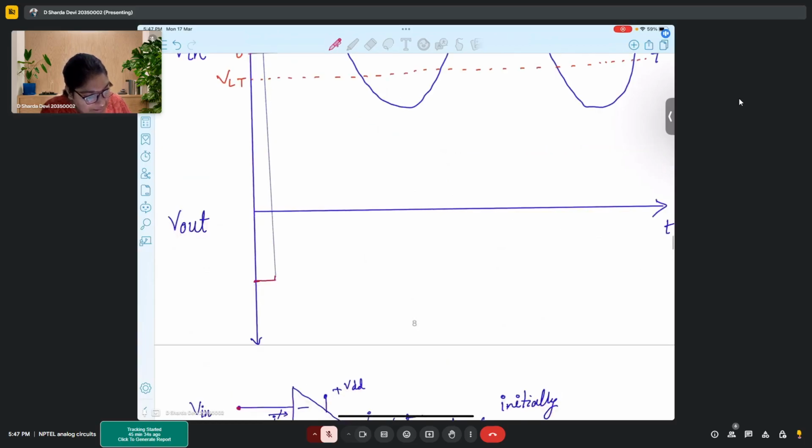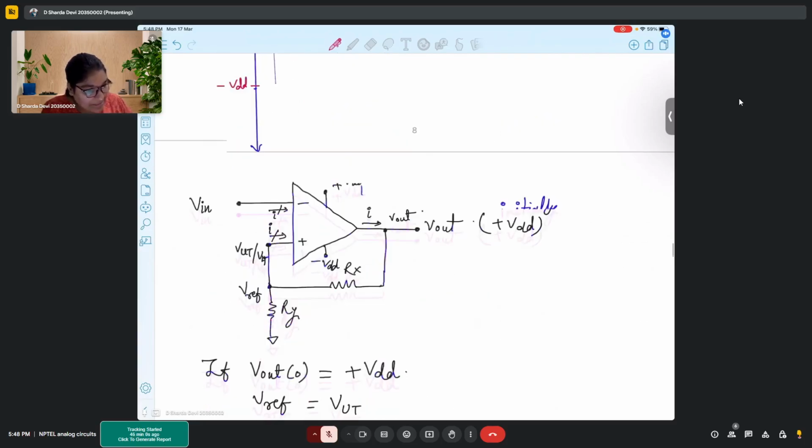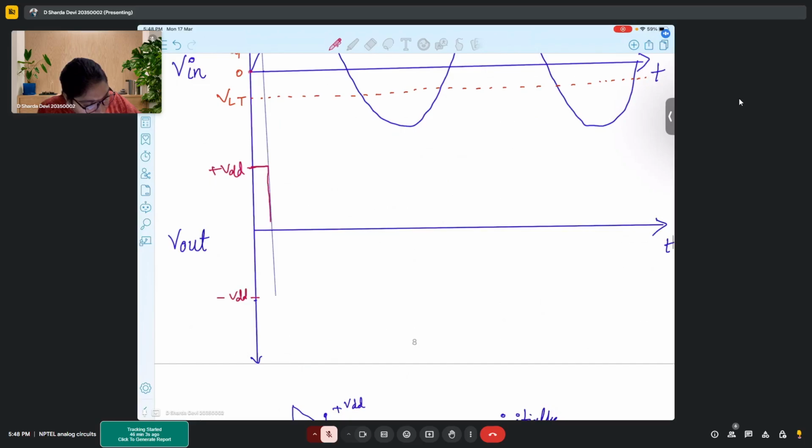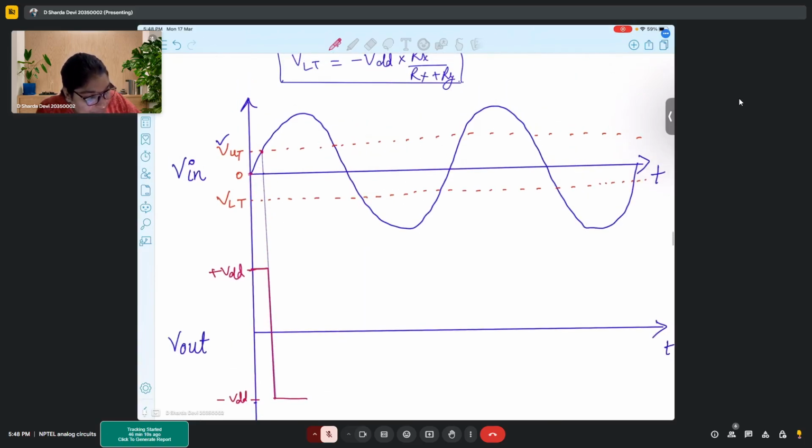So this was plus VDD, and this is minus VDD. Till here it was plus VDD. The moment your Vin becomes greater than VUT, the negative terminal starts to dominate and Vout becomes minus VDD. So because of this, your Vout will come down to the minus VDD level.